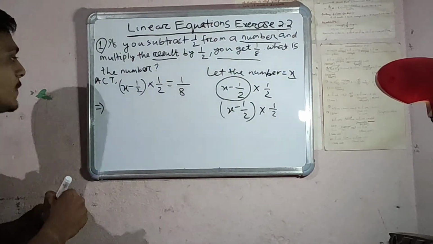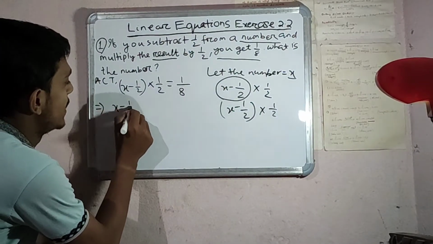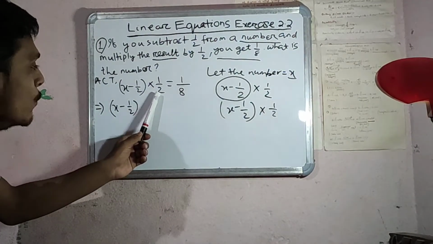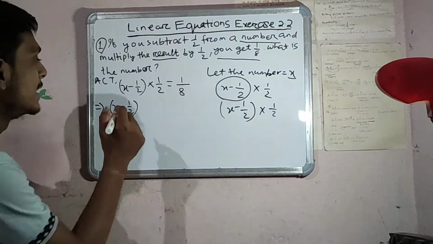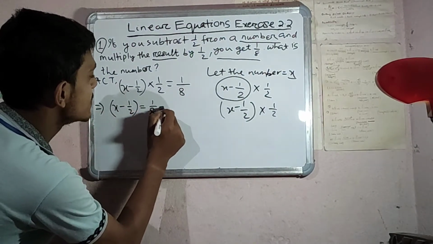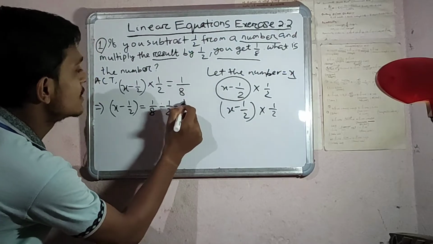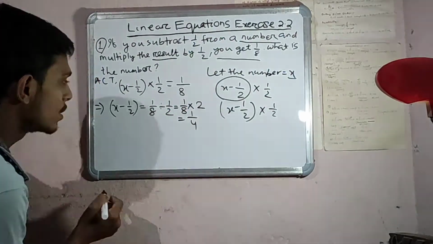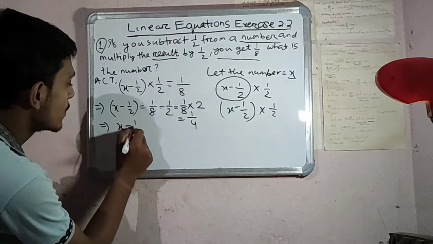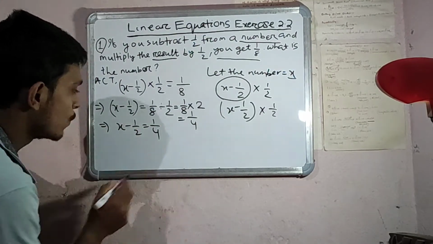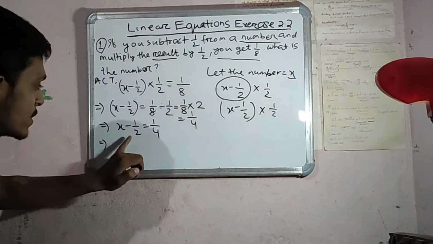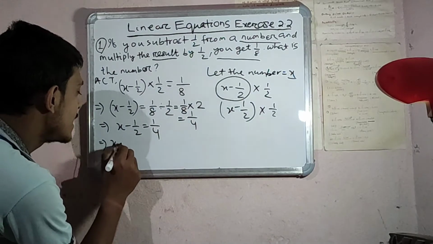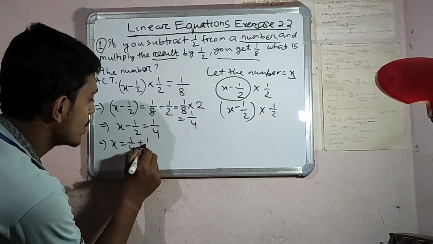Okay. So x minus 1 by 2, and 1 by 2 is here multiplied. So when it is transposed into the right hand side, it is divided, that is 1 by 8 is divided by 1 by 2, that is 1 by 8 is multiplied with 2, that is 1 by 4. So x minus 1 by 2 is equal to 1 by 4. 1 by 2 is subtracted here, so when it is transposed into the right hand side, it is added, that is 1 by 4 plus 1 by 2.